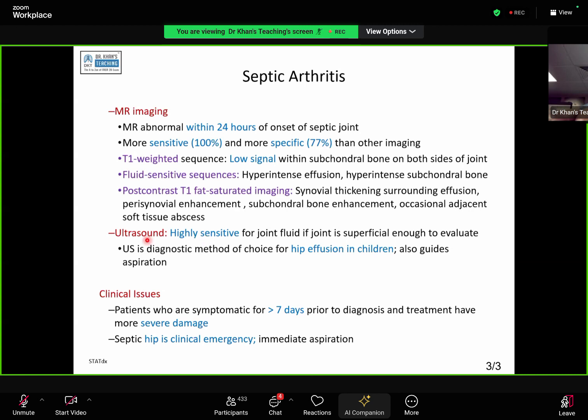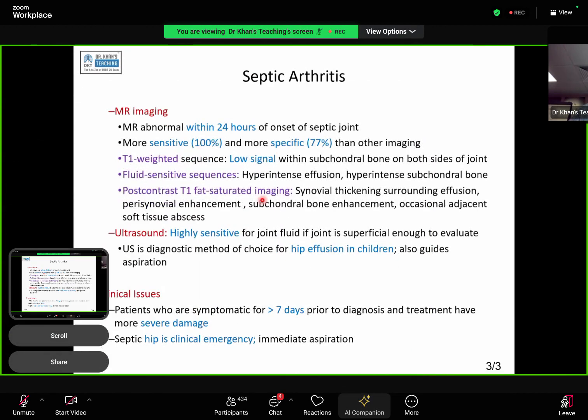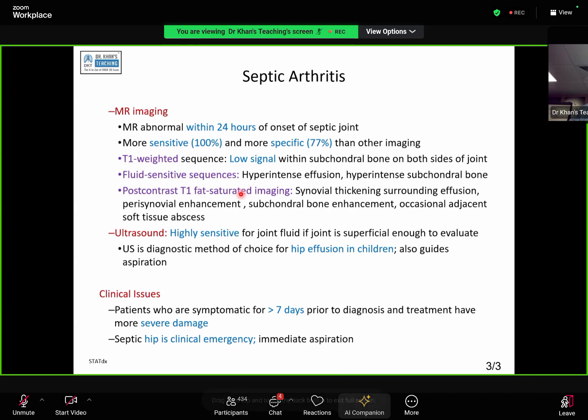And the key point is that it is low signal on T1, and on fluid sensitive sequences it will be high signal. On a post contrast, what will happen? There can be two things. One is inflammatory phlegmon, which will enhance, and if there is an abscess, then there will be surrounding enhancement. So an abscess will be infected fluid, or necrosed fluid with marginal enhancement.